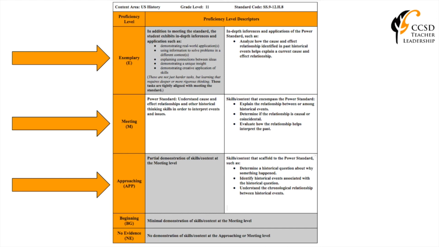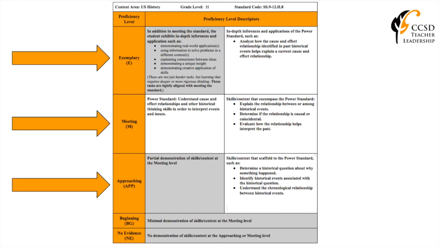Granted, you are most likely not going to be giving a test over this particular power standard or topic. However, the thinking behind building an assessment that is tied to standards is the same. Your proficiency scale is the key to your assessment. If you cannot tie a question back to a level on your proficiency scale, then it should not be part of your summative assessment.